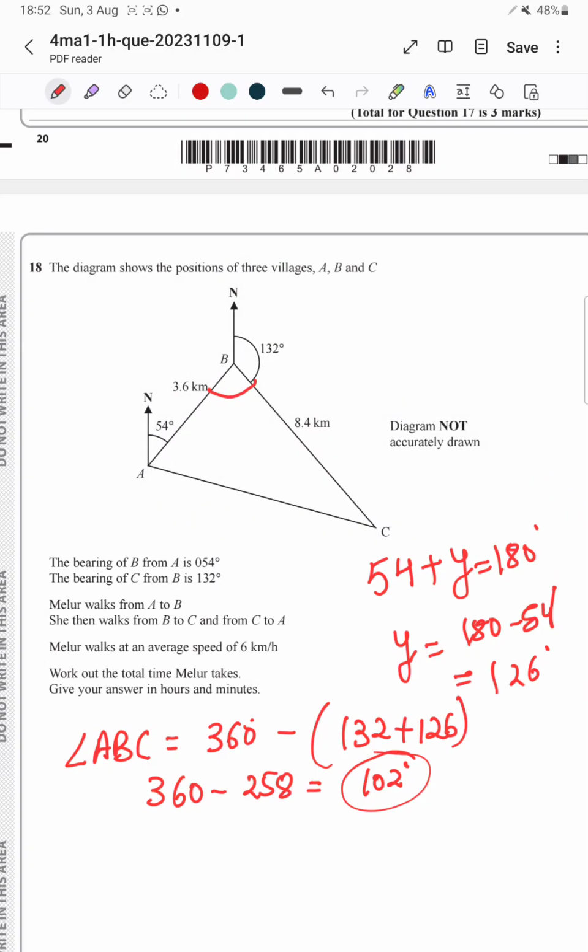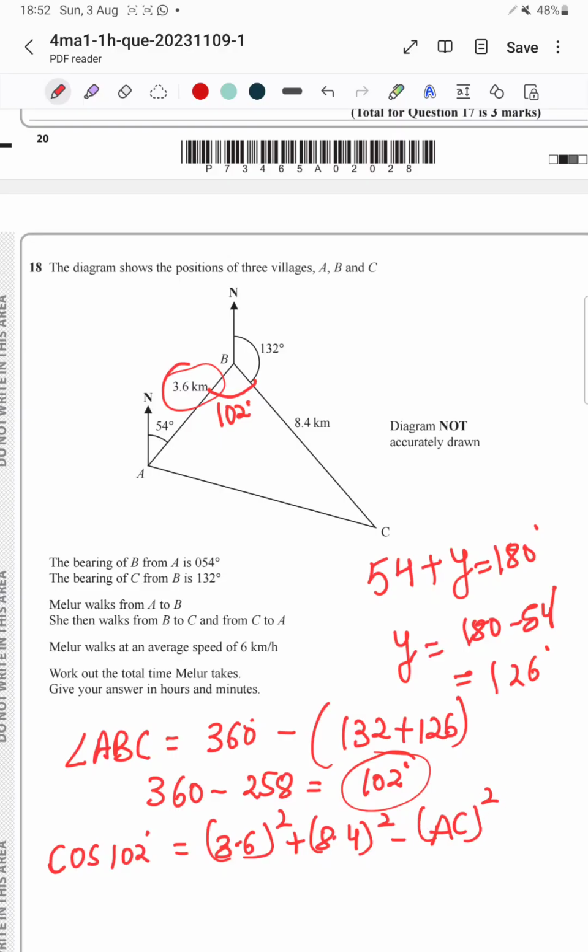I will apply the cosine rule: cos of 102 degrees is equal to 3.6 squared plus 8.4 squared minus AC squared, over 2 times 3.6 multiplied by 8.4.